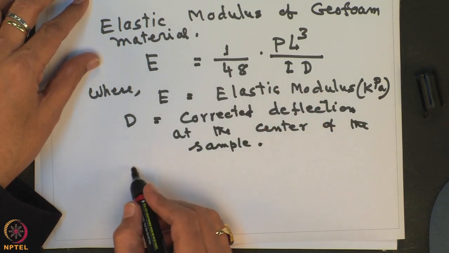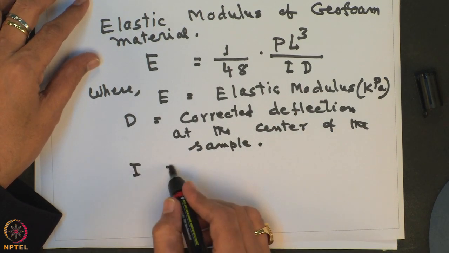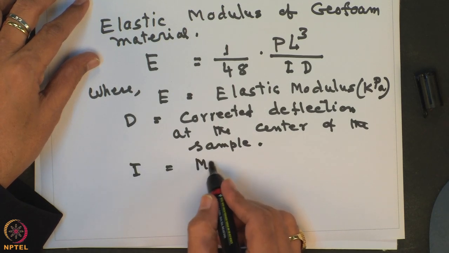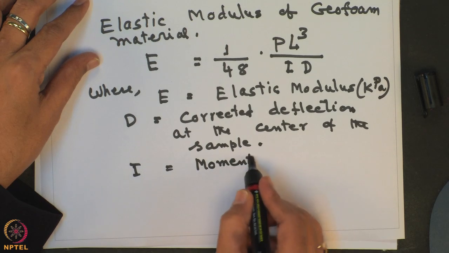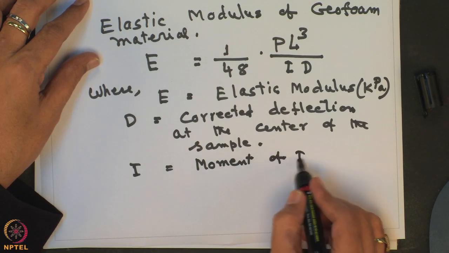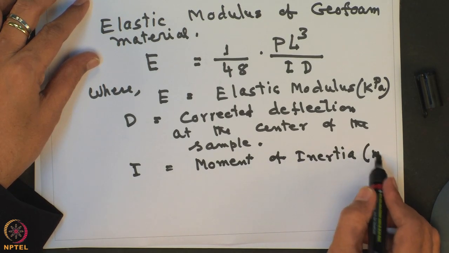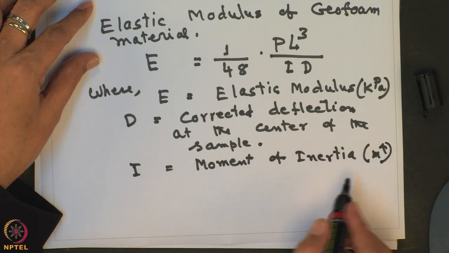And I is the moment of inertia. You know, earlier you have calculated how to calculate the moment of inertia. I is moment of inertia, and that is in meter 4.